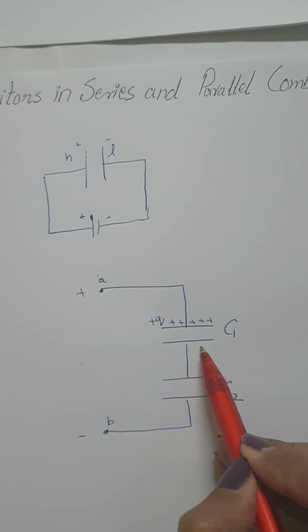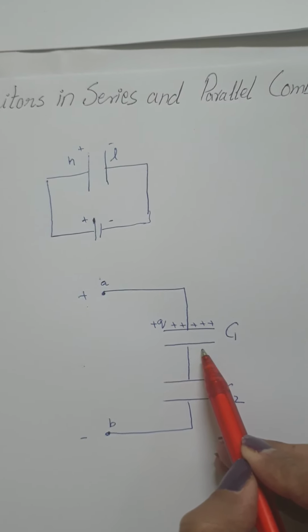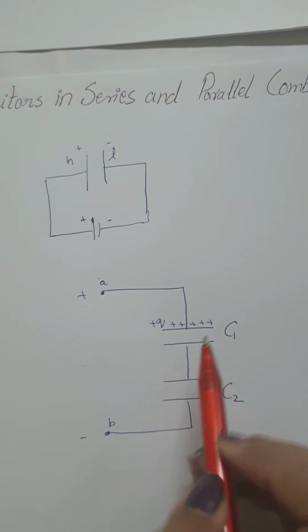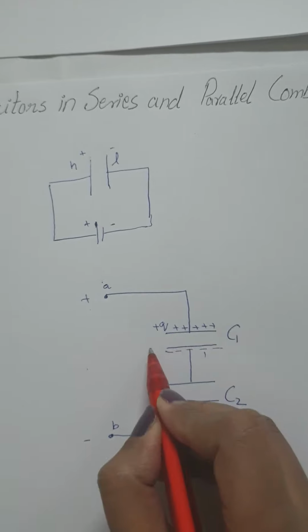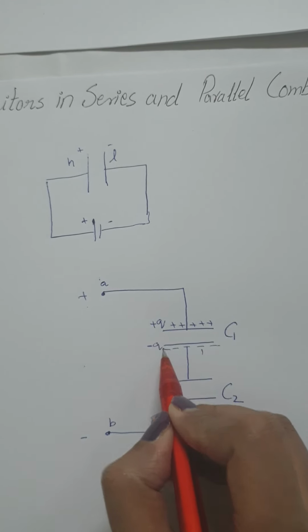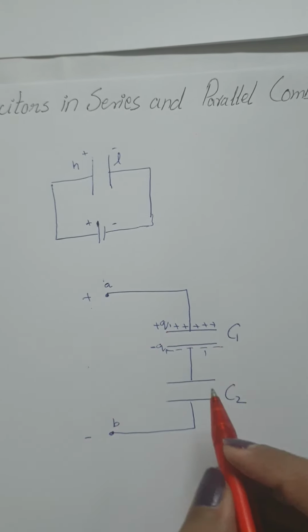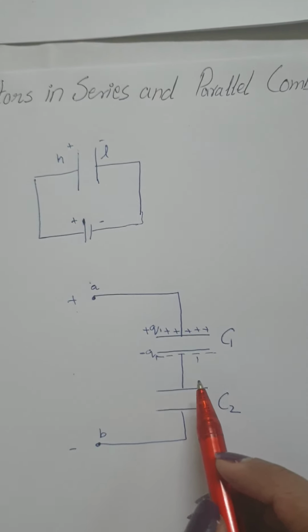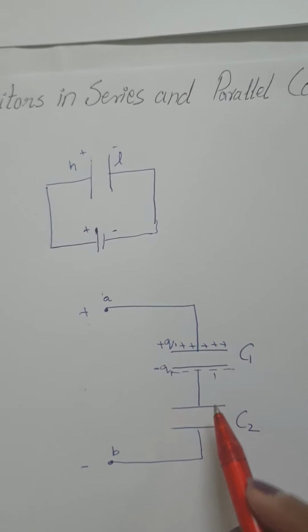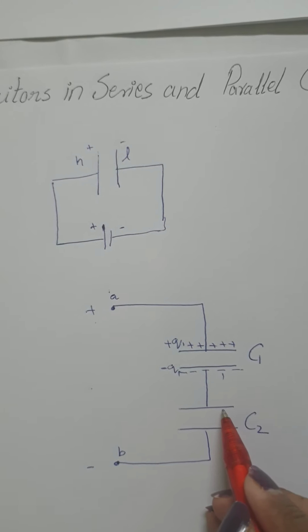The negative charge on the bottom plate of capacitor 1 comes from the top plate of capacitor 2.